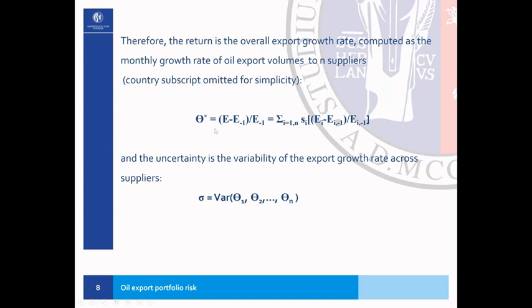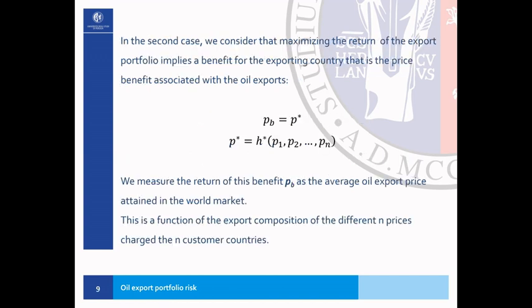And we can make a growth rate. We use monthly data, I will show you in a moment. You can have a growth rate of total export and a variance in each period, a variance across the customers that are buying your oil.